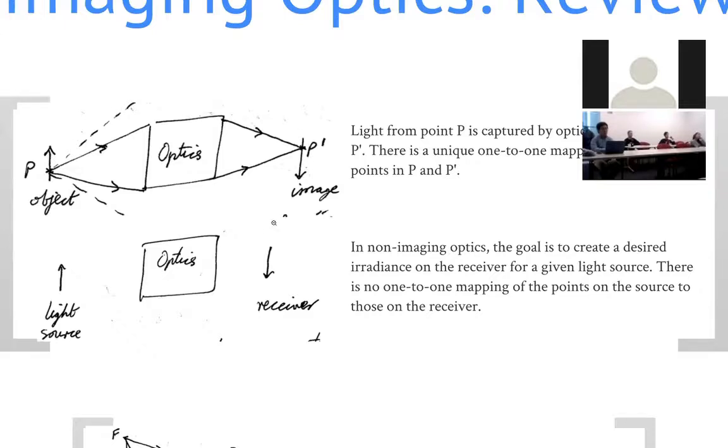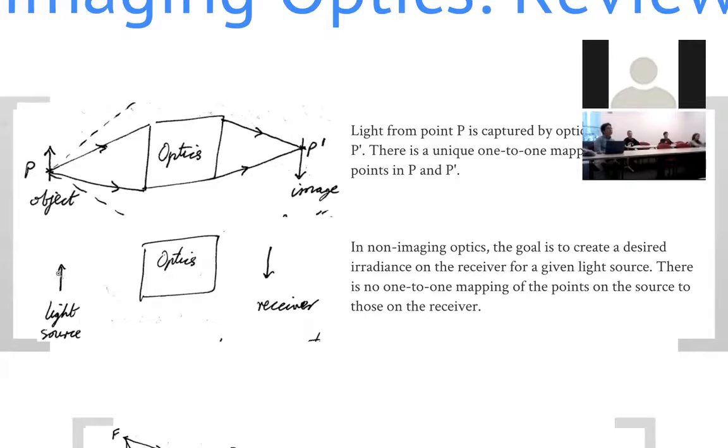Now, in the case of non-imaging optics, which is conceptually drawn here, what we're trying to do is take the energy from some source like the sun and send it to the receiver. So the key difference is that we haven't formed any image. We're simply taking all the energy we can from here and sending it here, which means that there is no one-to-one mapping.